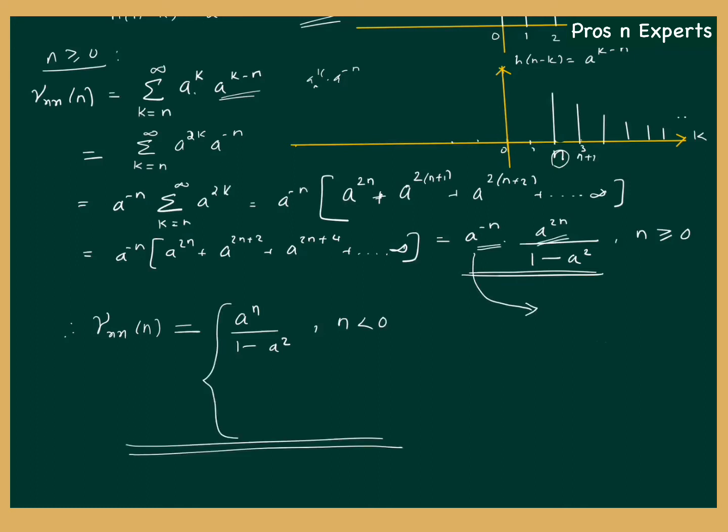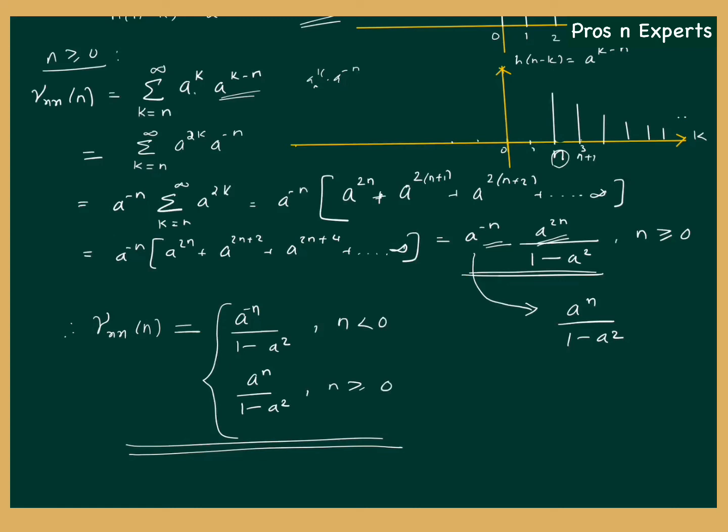So a raised to minus n is multiplied by a raised to 2n here, right? So a raised to minus n into a raised to 2n is actually a raised to 2n minus n, a raised to n by 1 minus a square. Okay, this was actually minus n, I think. So I can write it as a raised to minus n by 1 minus a square for n positive.